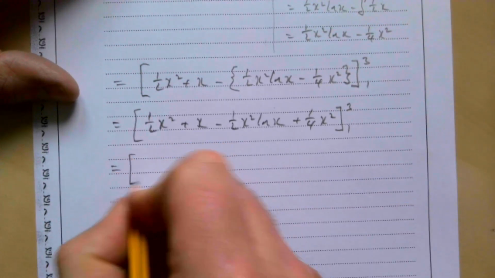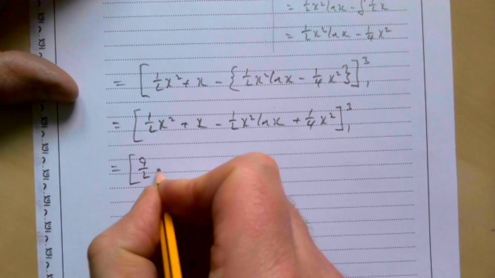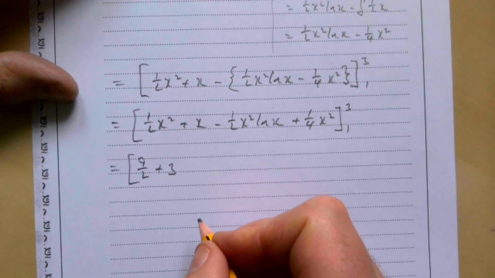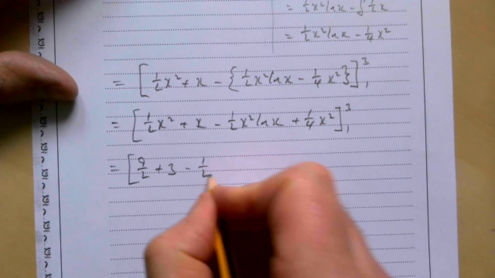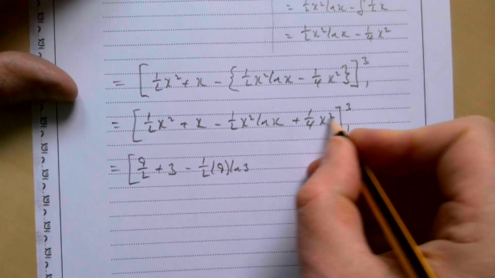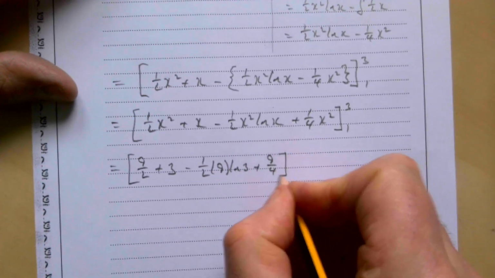So nice and slowly, 3 substituted in, that's going to be 9 over 2 plus 3 minus a half times 9 times ln 3, and 3 squared, and that's plus 9 over 4.